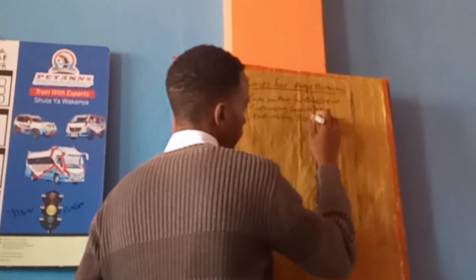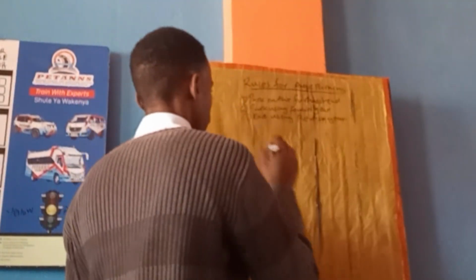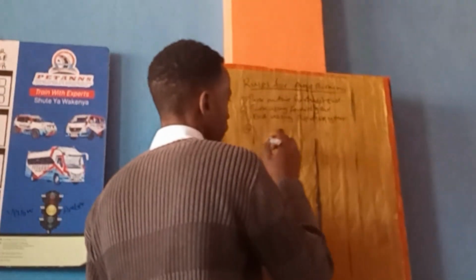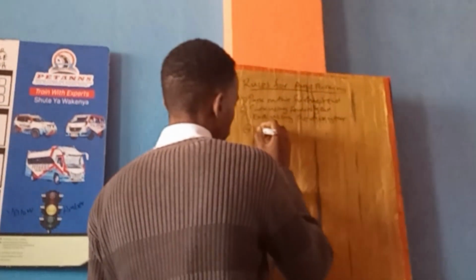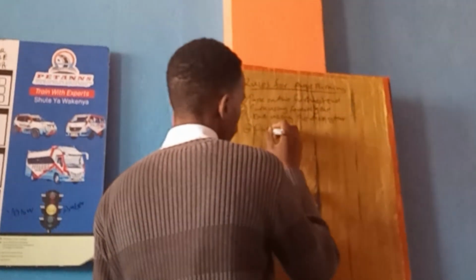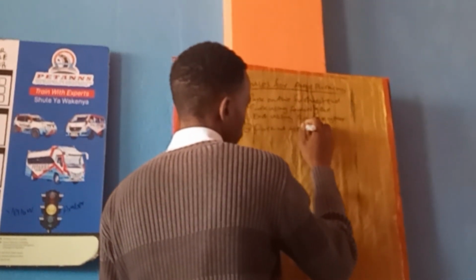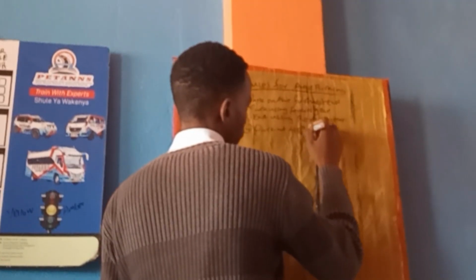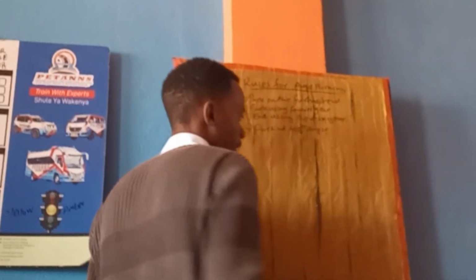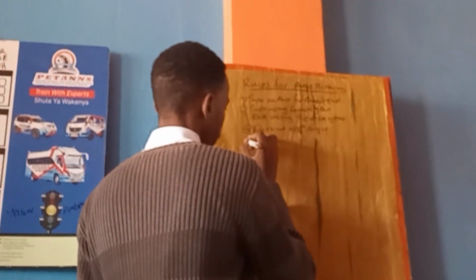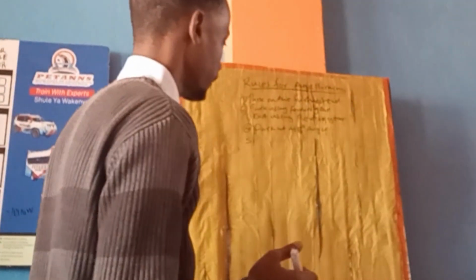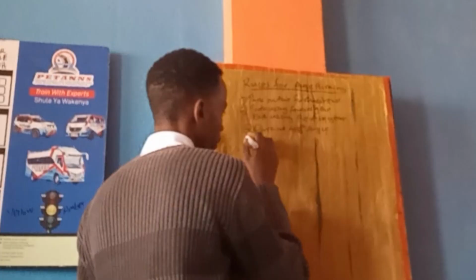So exit from the parking space using the reverse here. Then number four is you park at an angle of 45 degrees. Then number five is it's only for such class.